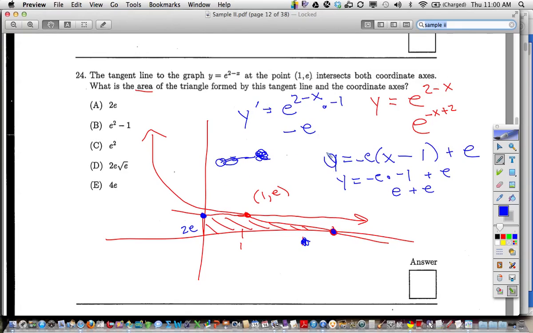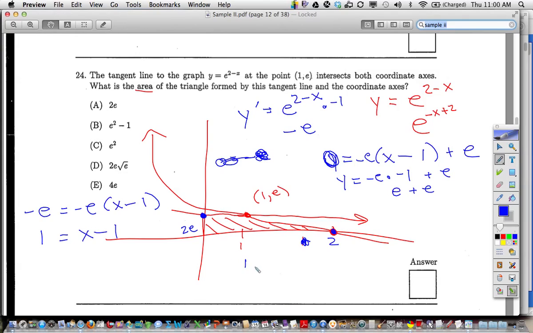So I'm going to put 0 there. I'm going to subtract an e. That's negative e equals negative e times the quantity x minus 1. Then what could I do? Divide by negative e, which would make that be 1. And then add 1. So I get 2. So that point there is 2.